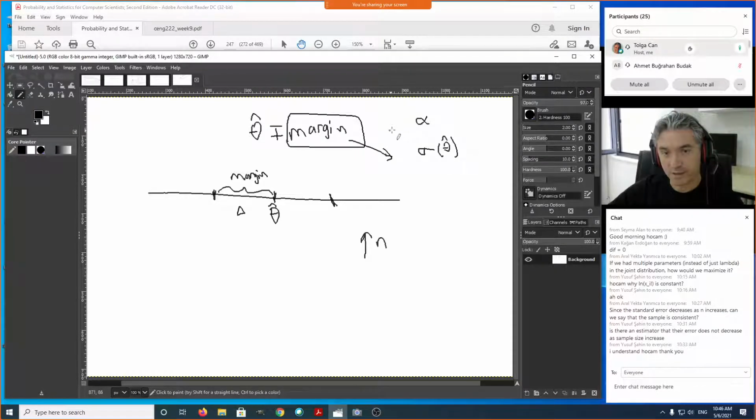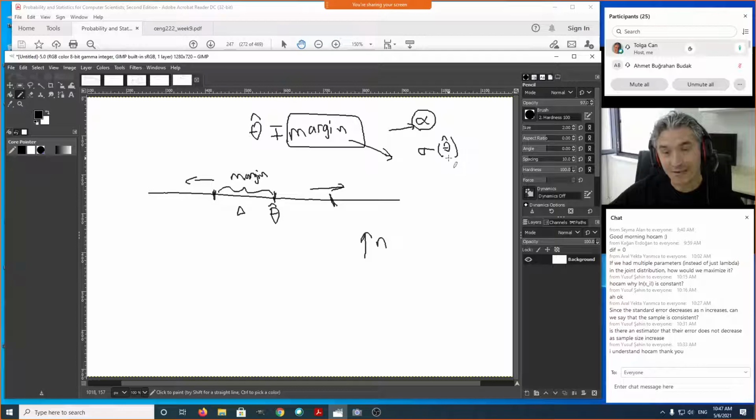If you want a large confidence level, which means smaller alpha, large confidence means small alpha. If you decrease alpha, your margin is going to increase, which means that if you want to increase your confidence that this interval contains the actual theta, one way to do that is to increase the interval, right? Another thing is the standard error here.